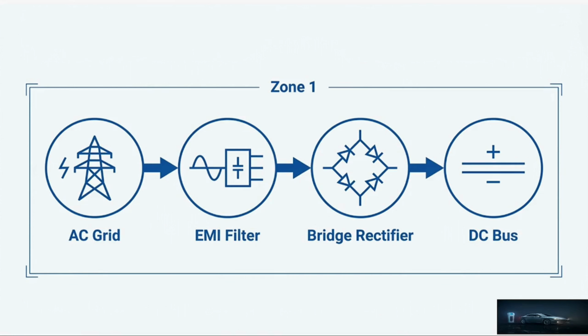Its job is to control unwanted electrical noise and impurities. If I give you a simple example to understand this step, think of it like a filter in a water system.